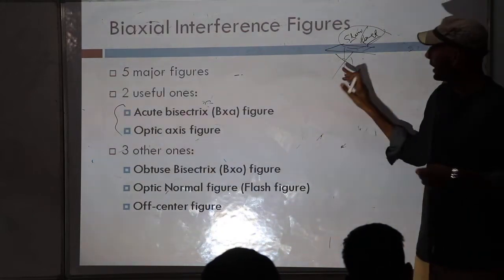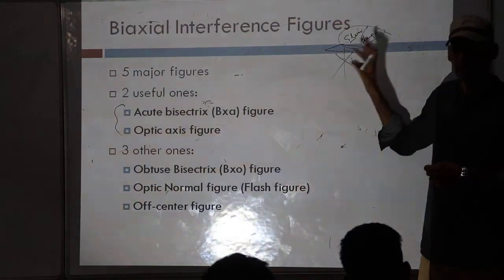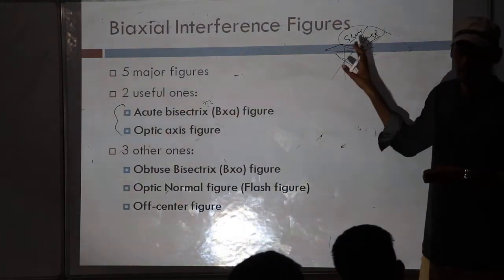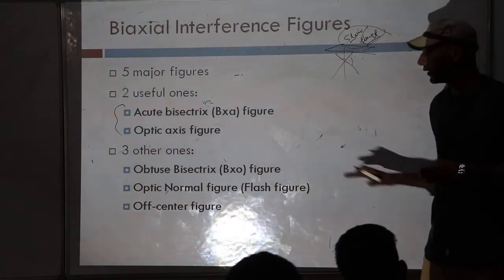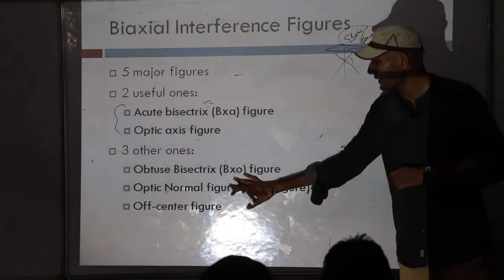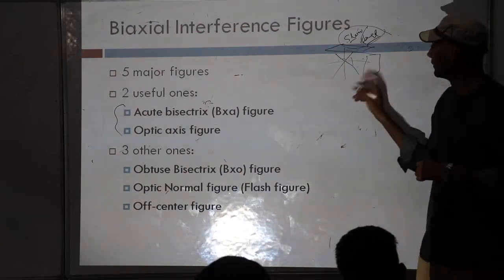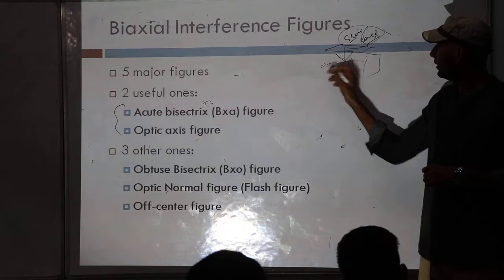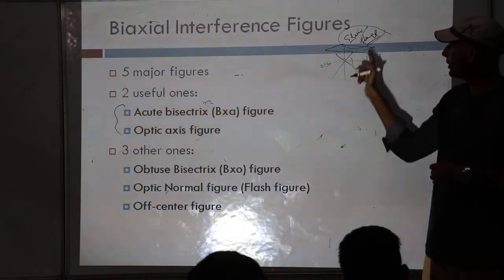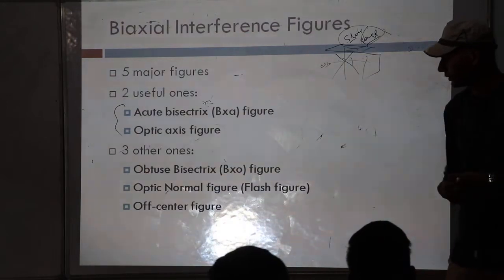If there is a low 2V angle, then only you can see both of the melatopes in the field of view. I will discuss that. Then obtuse bisectrix figure means you are watching a section like this, where the obtuse bisectrix is at the center of crosshair.